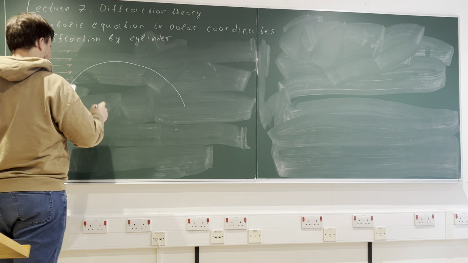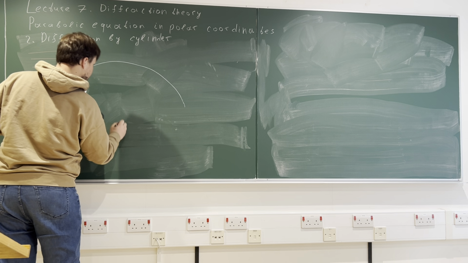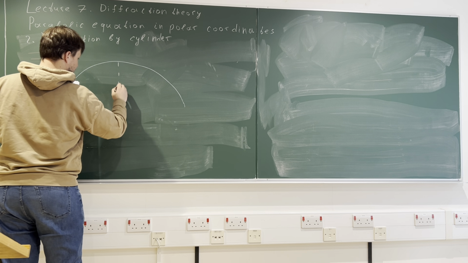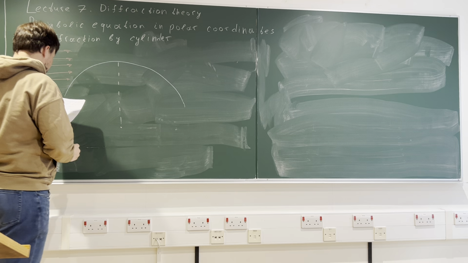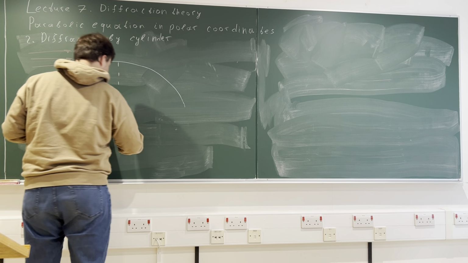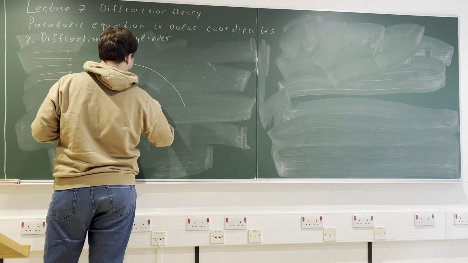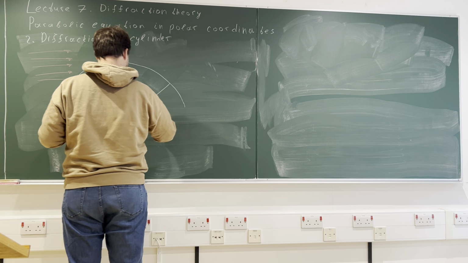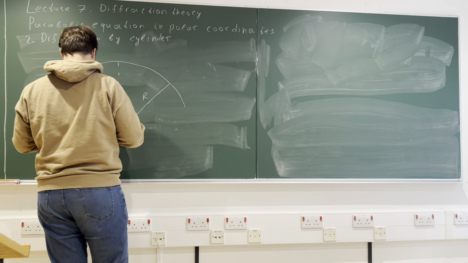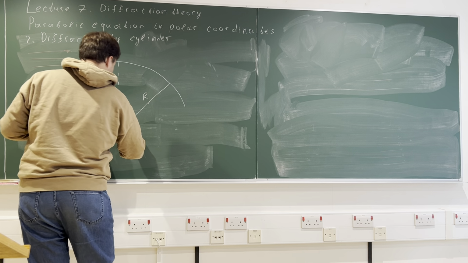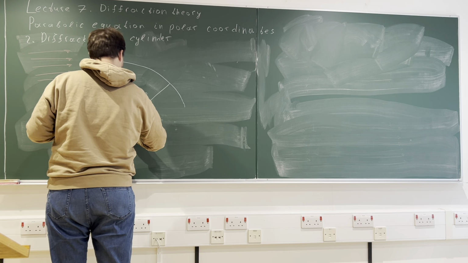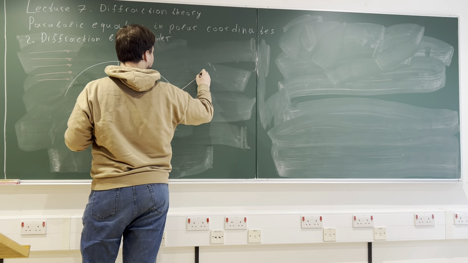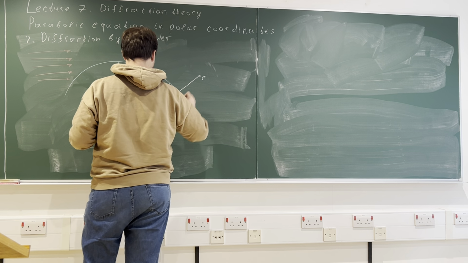And I will use some non-conventional coordinate system. So this is the radius of the cylinder, R, and I have a polar coordinate r.